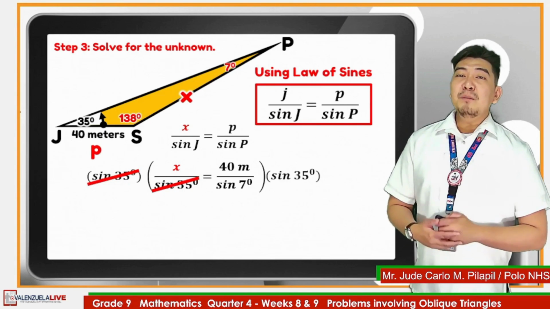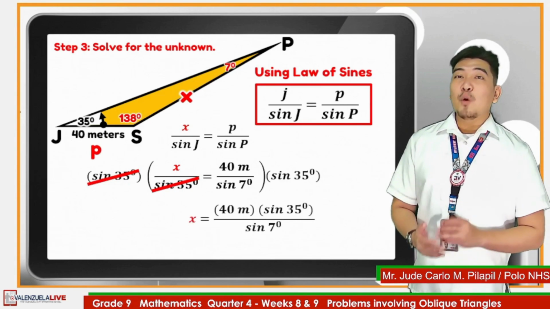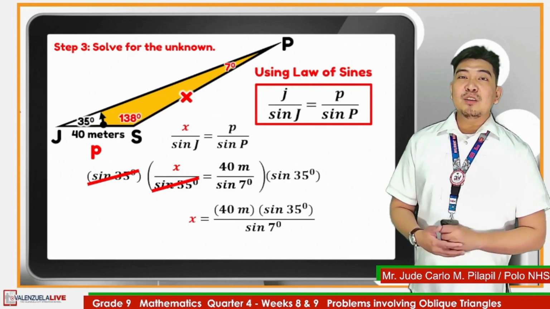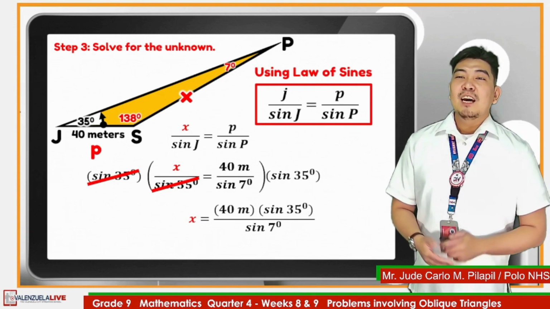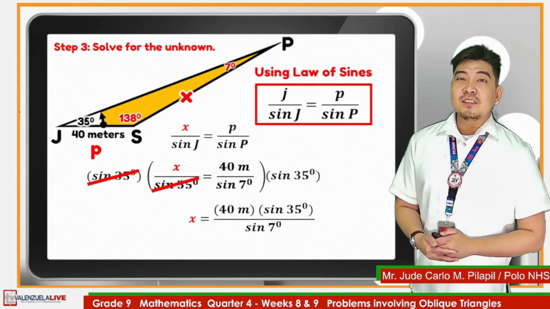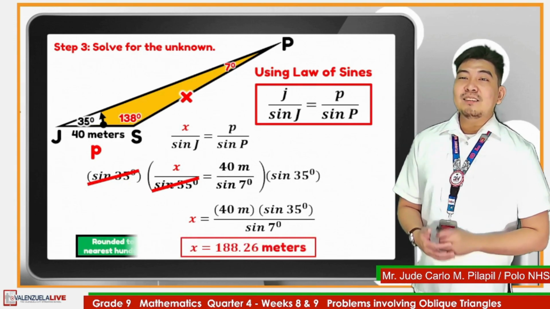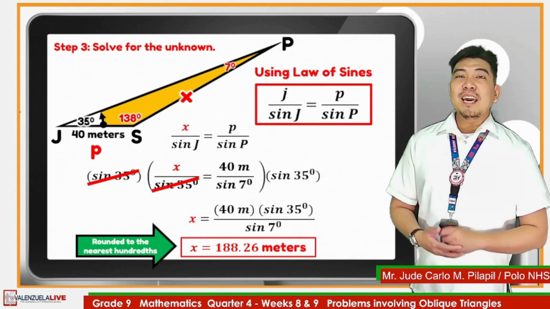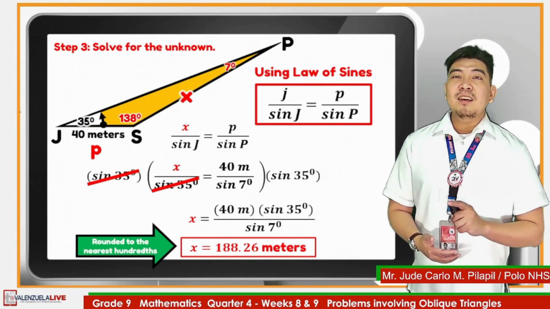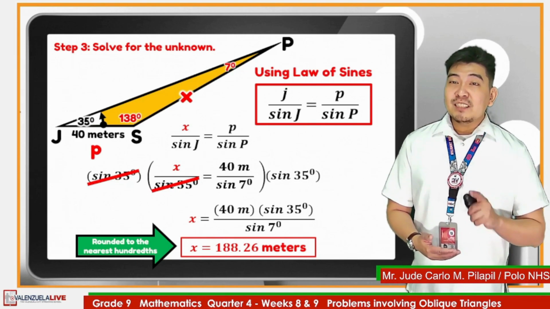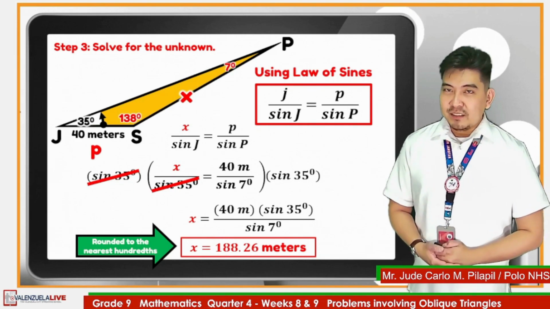The equation will be x is equal to 40 meters times sine 35 degrees all over sine 7 degrees. Using your scientific calculators, we obtained x is equal to 188.26 meters, or 188 and 26 hundredths meters to the nearest hundredths.